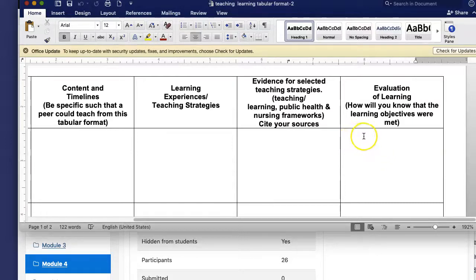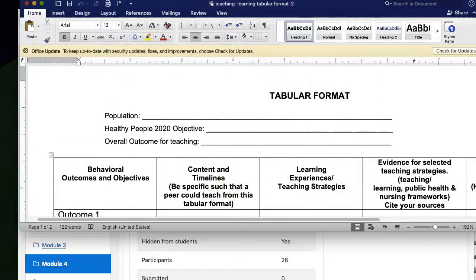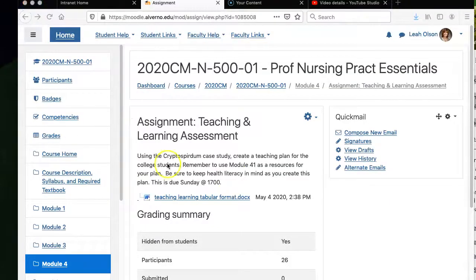So the children will be able to demonstrate crossing the street safely after attending my in-service on how to cross the street. All right, now I made that all up off the top of my head, but you want to use Module 41 because it will explain all of this to you.